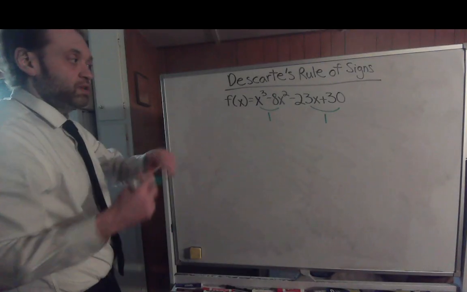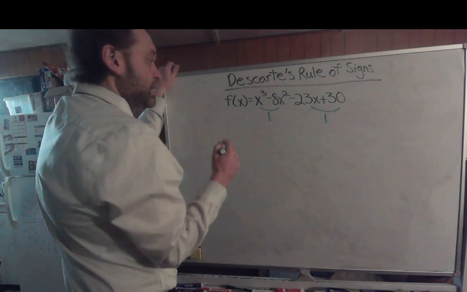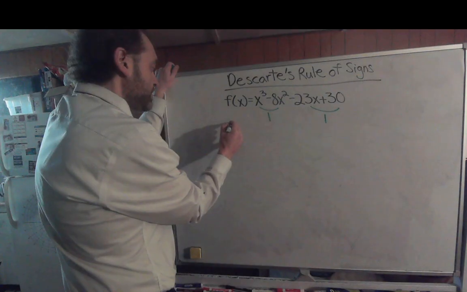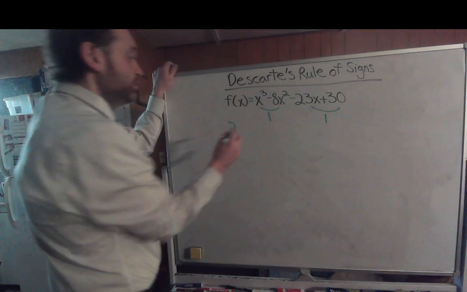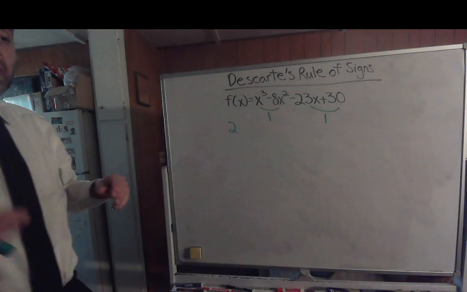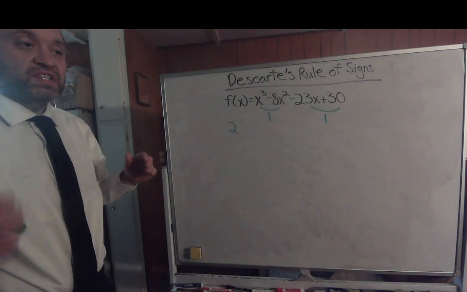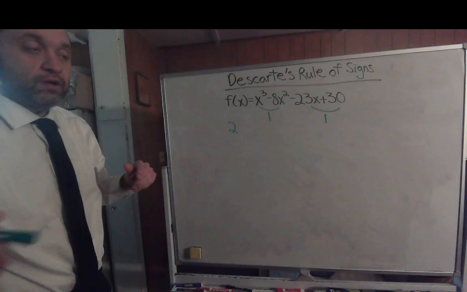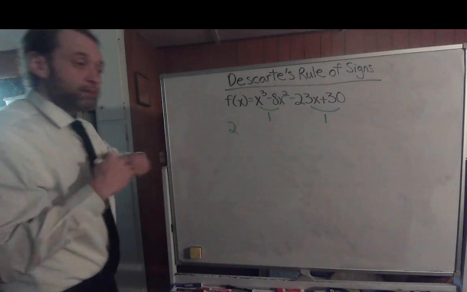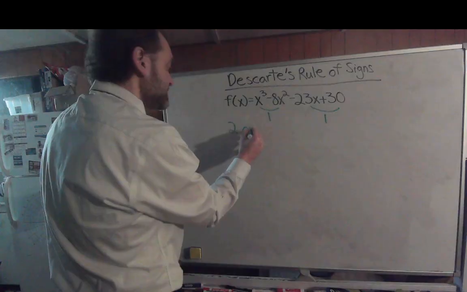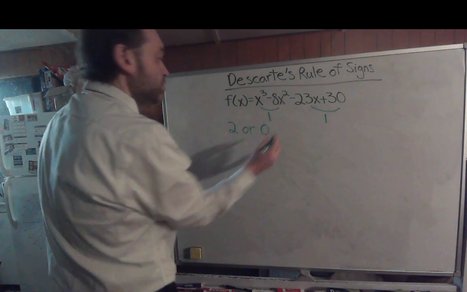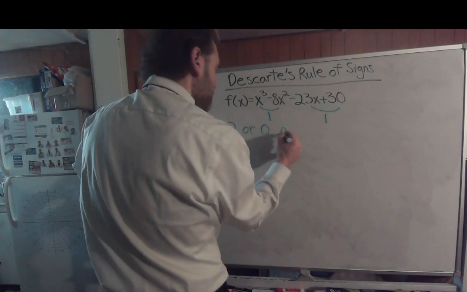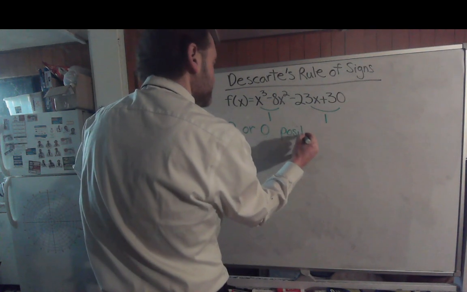So this tells you that there are either two, and if you have any number of sign changes, 2 or greater, it's going to be that number or 2 less than that. So you'll have 2 or 0 positive real zeros.